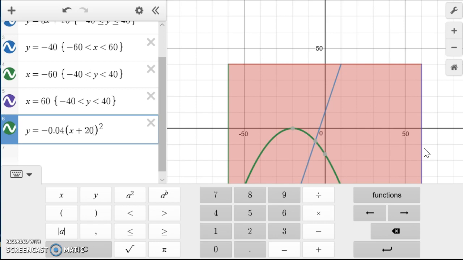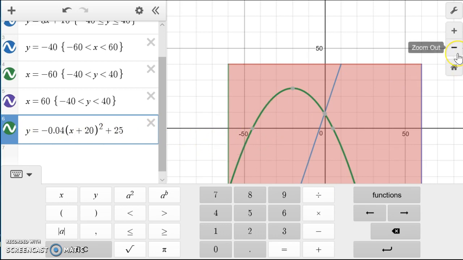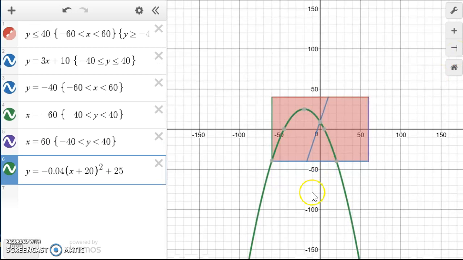I think I'm happy with that, but I need it higher. To make it higher, I have to move it up by putting a plus 25. I think I'm happy with this, but as you can see, without the constraint, this is out of the box again.